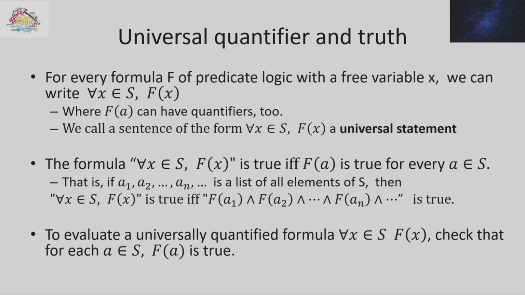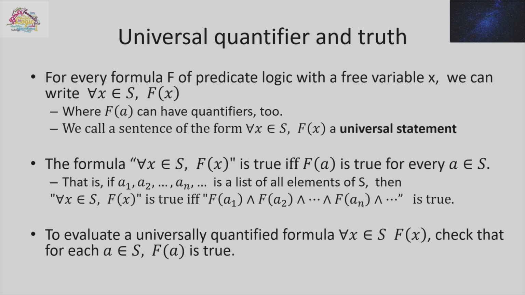That is, if your domain consists of elements a1, a2, a3, and so on, then for all x in S, we could just write f of a1 is true, and f of a2 is true, and so on and so forth, for all the elements in the domain. And then we will get an equivalent, though much longer, formula. Sometimes we cannot do it. Sometimes we talk about things like numbers, and this expression will end up being infinite. So having a universal quantifier is a really useful shortcut.